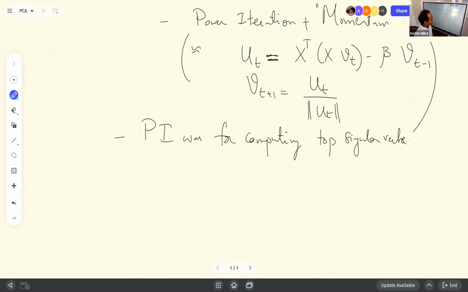All right. So the other thing I want to say is that everything we discussed so far is for computing the top singular vector, right? But what if for some reason someone comes and says, okay, tell me the bottom singular vector. Tell me the smallest singular vector. What would you do? Any guesses?